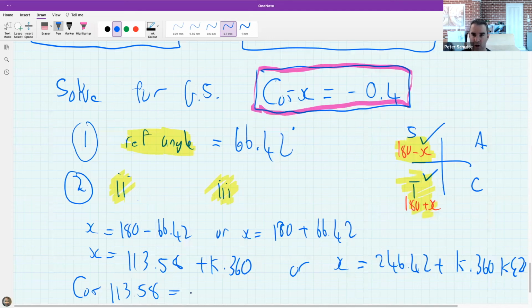You should get pretty close to negative 0.4. So just to show you that this really is an answer. Yes. So put cos of 113.58. Do you get about negative 0.4? Yes, give me a thumbs up. Does it work? Okay. So just to show you, it is answering the question.